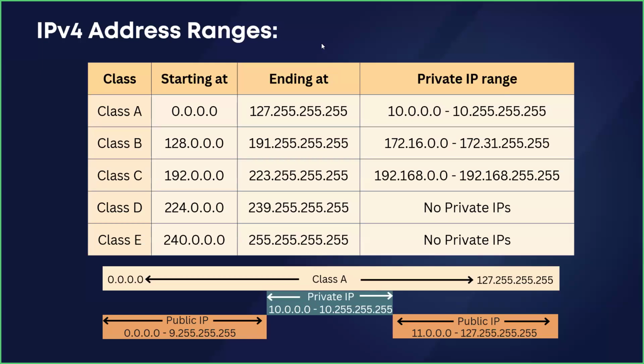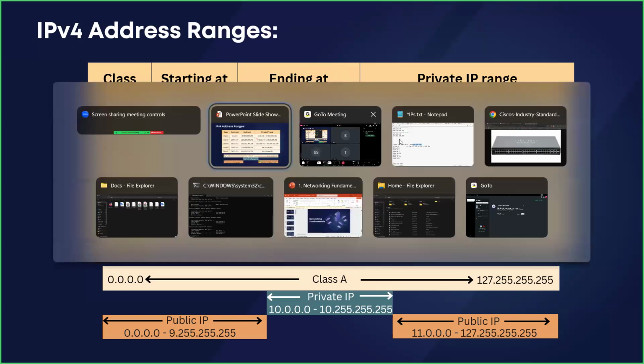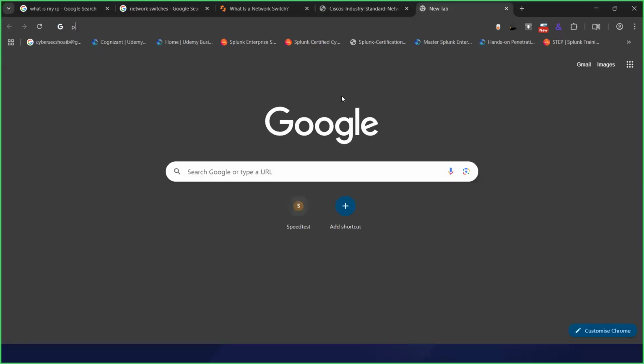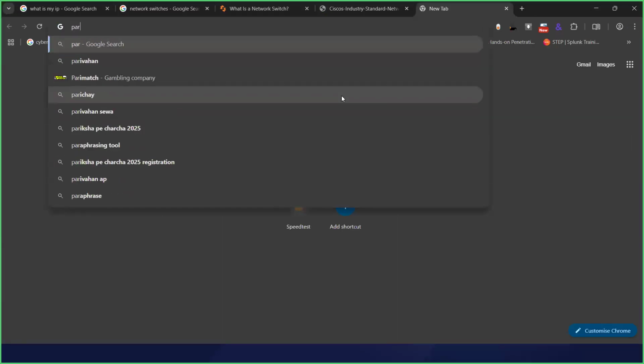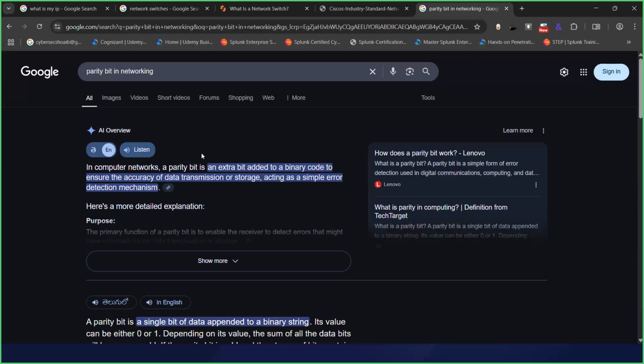And if you ask me why specifically these ranges, 10.0, 172.16, 192.168, these are not random ranges, guys. There's something called a parity bit. That's a much deeper concept in networking. If you take a course like CCNA, they'll explain what the parity bit in networking is. For our cybersecurity concept, it's not that required.